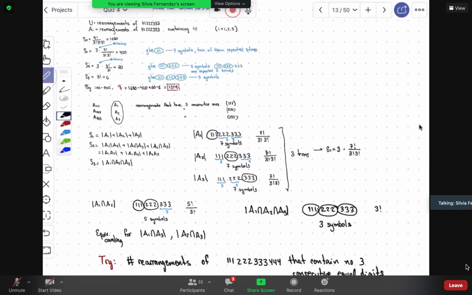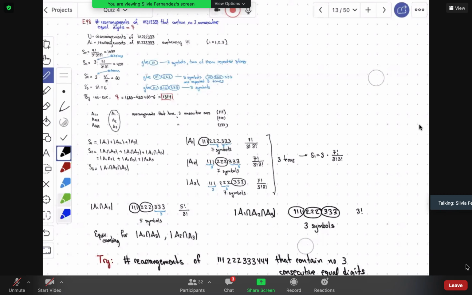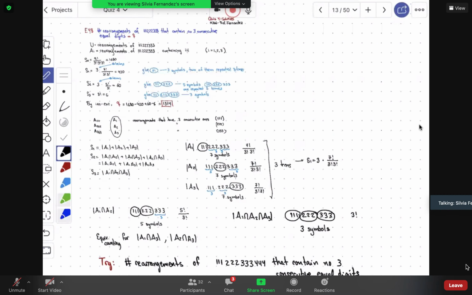So you can try that. Okay, so this is kind of similar. It is not going to be exactly like this, right? But this is the kind of problem where your cardinalities for all the different terms in S have the same counting. Now, let me look for one where that doesn't happen.